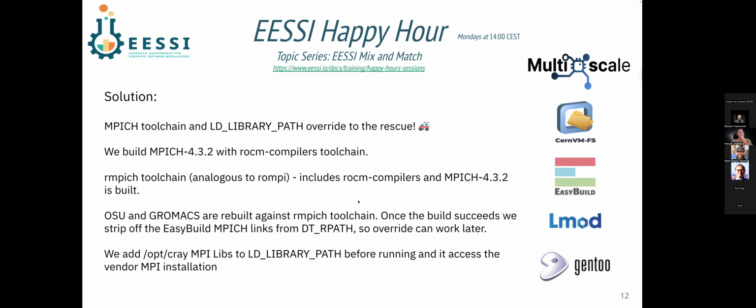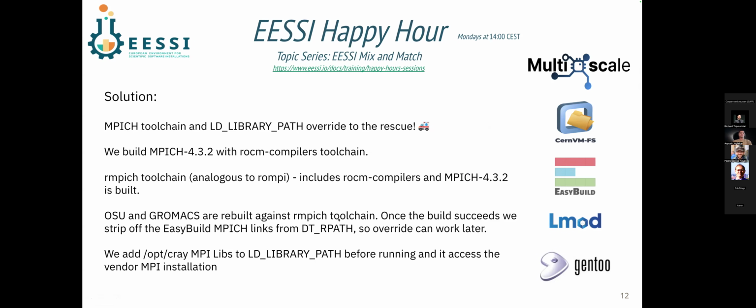Once we try to build OSU and GROMACS, once the installations are successful, we strip off the EasyBuild MPICH installations from the DT_RPATH. So the LD_LIBRARY_PATH override can work later on. Now, once these were built and before running the application, we add the /opt/cray MPI libs to the LD_LIBRARY_PATH. And the good part is it is able to access the vendor MPI installations.